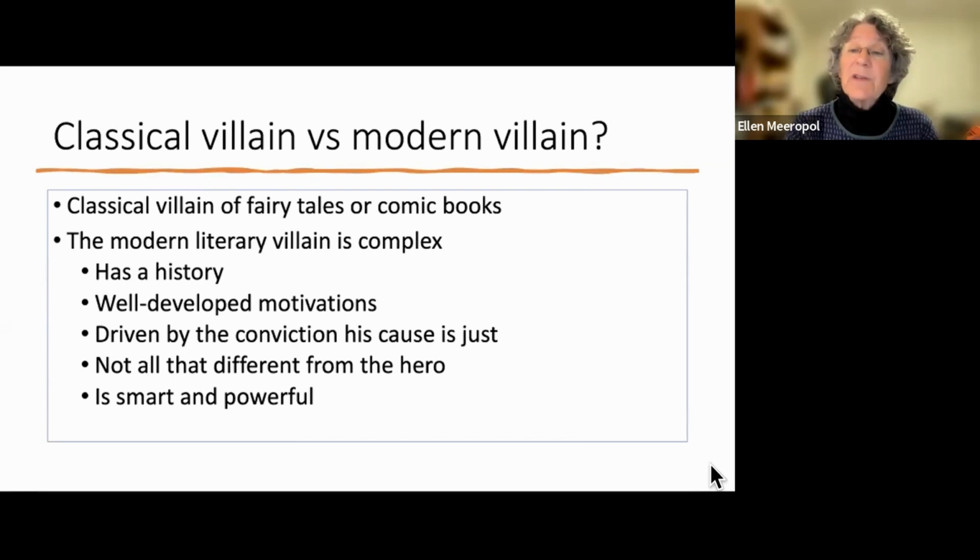Really, the same kinds of things that motivate our heroes. The villain is often driven by the conviction that her cause is just, whether it be revenge or jealousy or whatever. A good villain is smart and powerful, a worthy opponent.